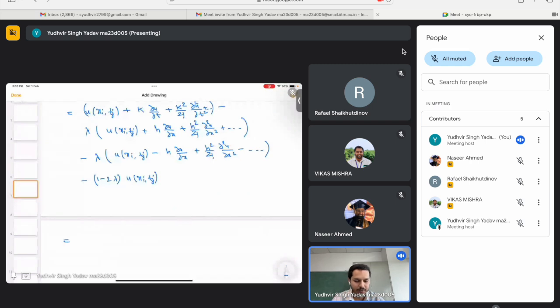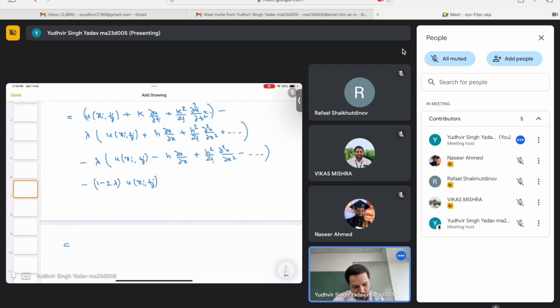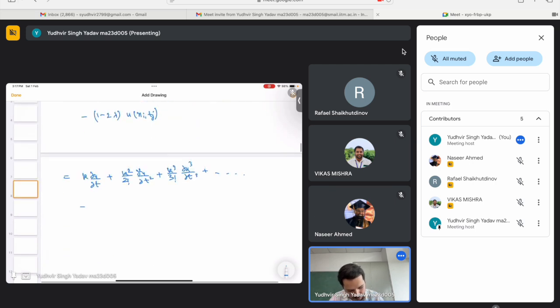Now we will try to cancel out the terms in this expansion. So if you see, after cancelling the terms, we will be left with k del u by del t, k square by 2 del 2u by del t square plus further terms in the expansion with respect to t, and the del 2u by del x square terms.